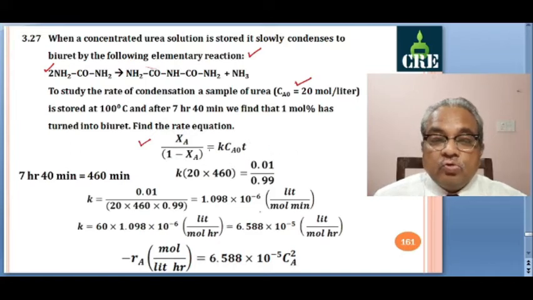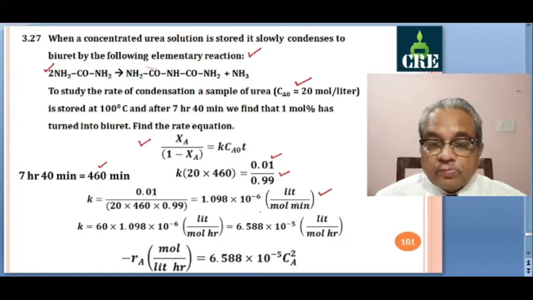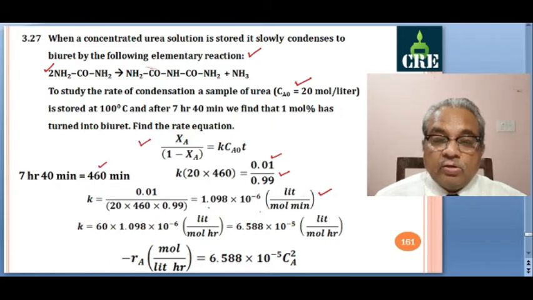So for this K Ca0 t, 7 hours 40 minutes I will convert into minutes. So it becomes 460 minutes. So K is unknown, Ca0 is 20, t is 460 minutes, Xa is 0.01, 1%, so 1 minus Xa is 0.99. K can be calculated and this K comes out to be 1.098 into 10 raised to minus 6 liter per mole per minute. So time inverse, concentration inverse, second order rate constant units.